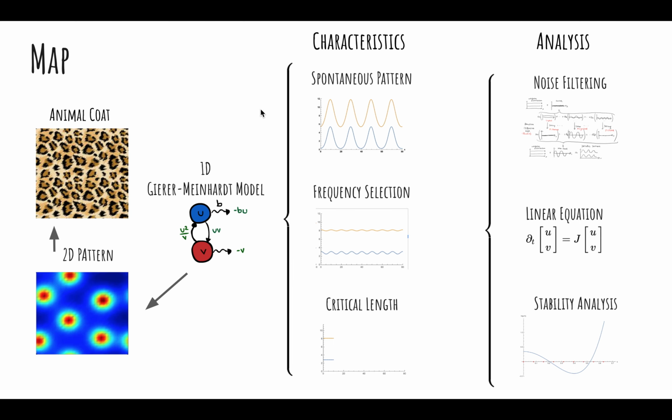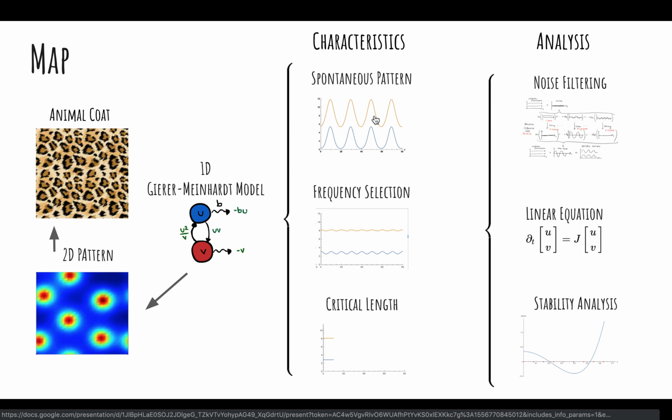Now, there are many characteristics of the Gierer-Meinhardt model. The first of all is that it spontaneously generates a pattern out of a uniform distribution, which is amazing and important. That explains how these patterns are generated in nature.